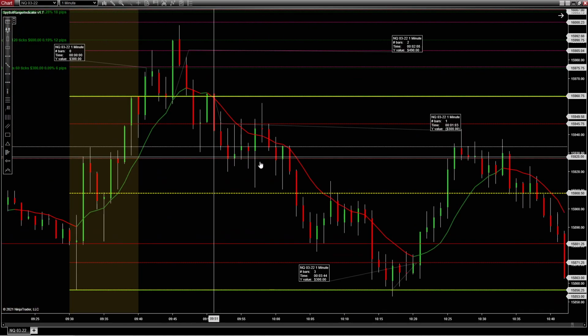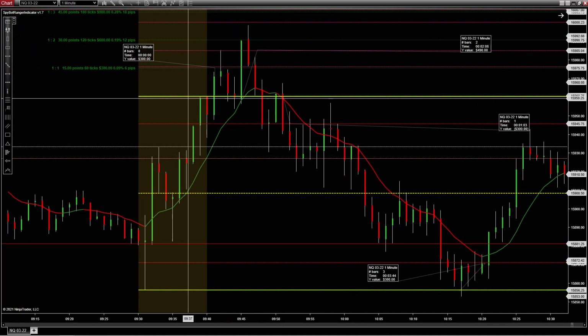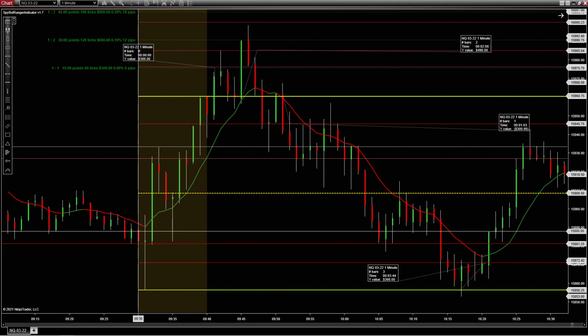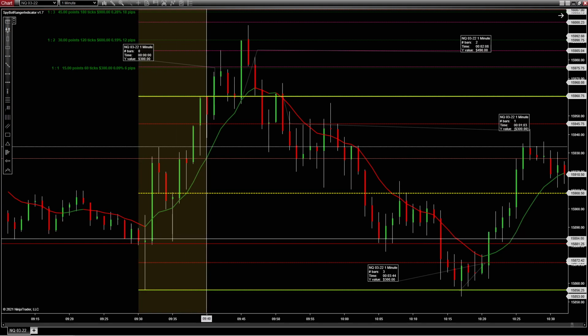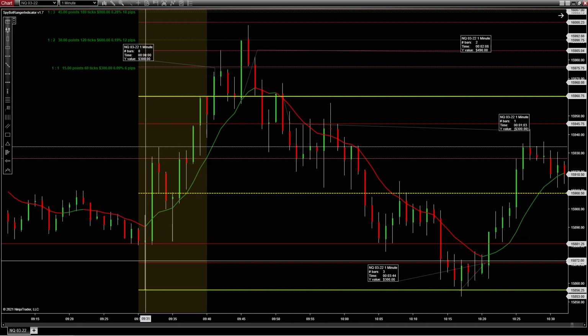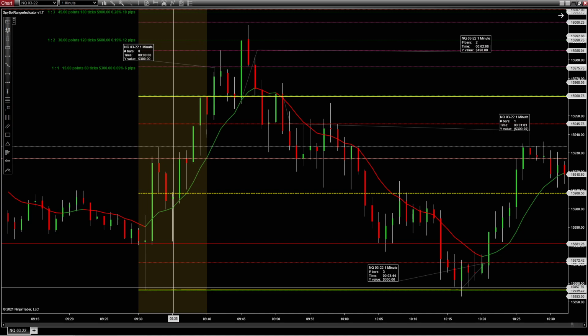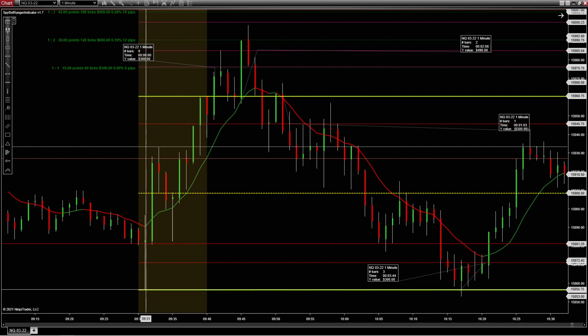Now, one thing I didn't say is the open range. What are these yellow lines? I'll start there first. At 9:30 is the open. And that is the very first part of your opening range. 9:40 is the end of it. So we had a low in between 9:30 and 9:40. We had a low right here. And then we had a high right there.